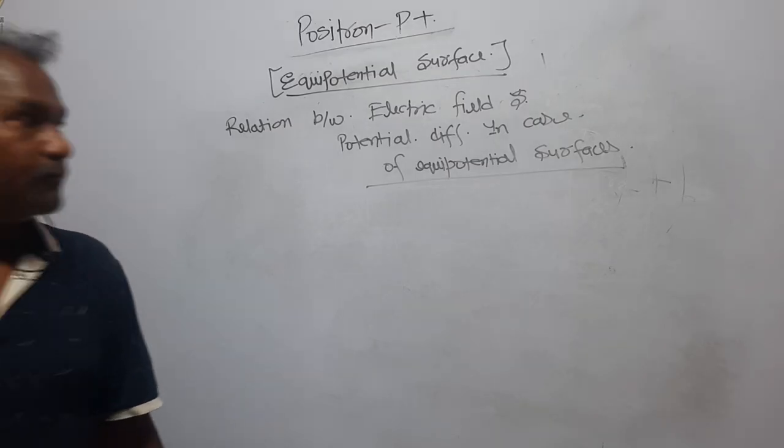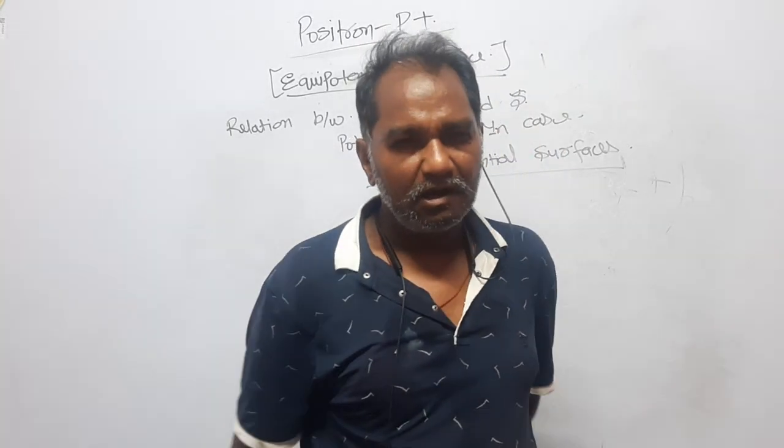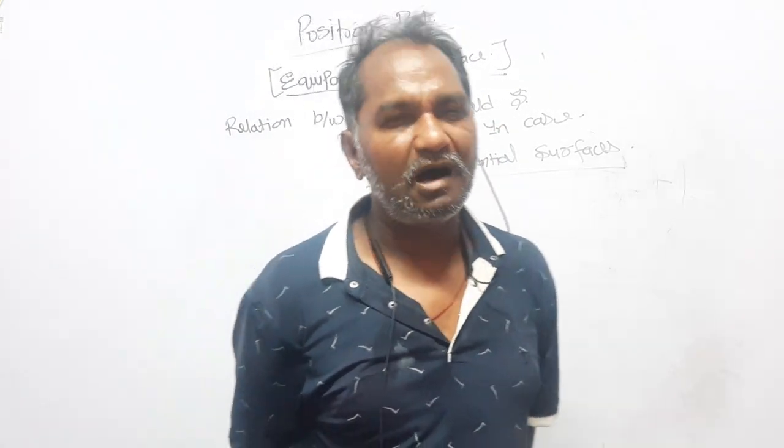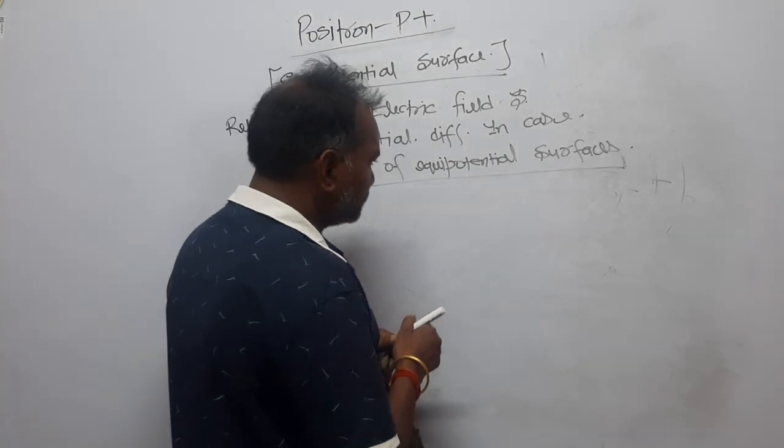Dear students, what we have to do? We have to find out the relation between electric field and potential difference. How can the electric field be derived from the potential? Very simple.